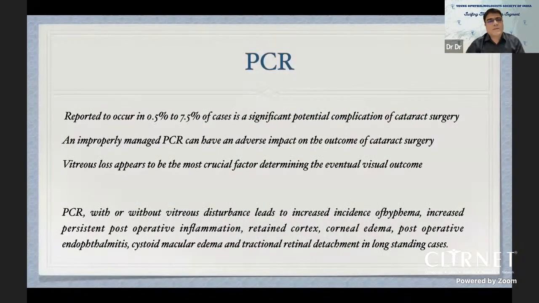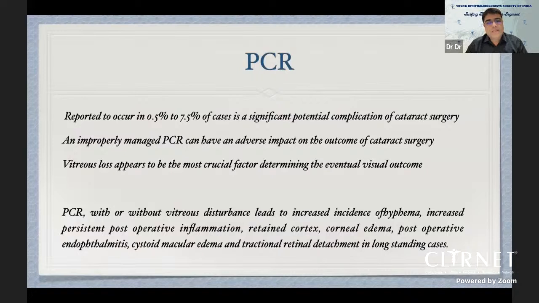Posterior capsule rupture is reported to occur in 0.5 to 7.5% of cases and is a significant potential complication of cataract surgery. If PCR is not properly managed, we can have an adverse impact on the outcome of cataract surgery. Vitreous loss is the most crucial factor which determines the eventual visual outcome.